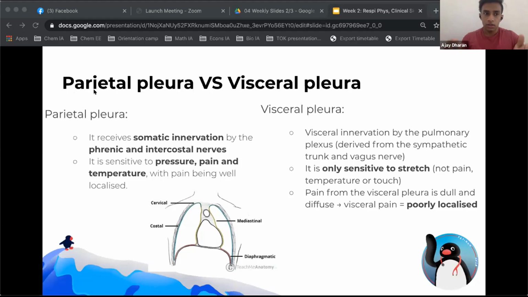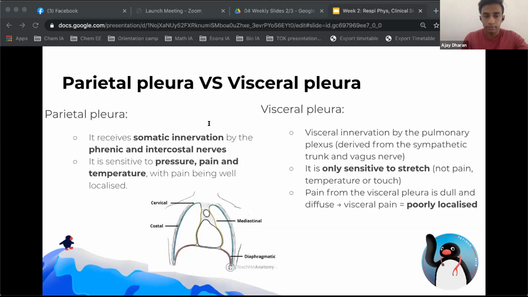Your parietal pleura receives somatic innervation, and it's very sensitive to pressure, pain, and temperature. There are different parts of your parietal pleura: cervical, mediastinal, costal, and diaphragmatic, based on the areas where it's around.